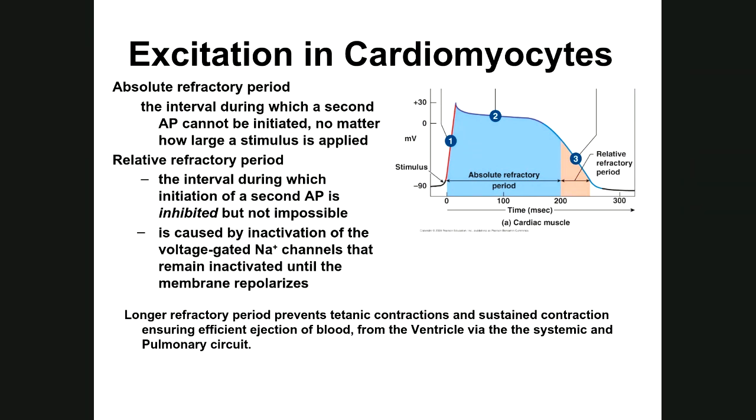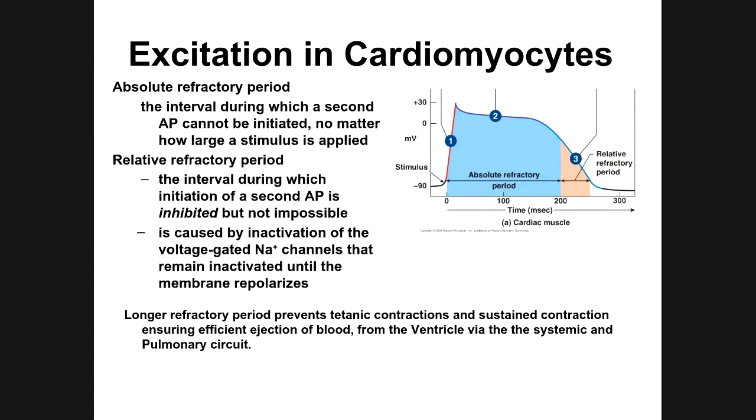It sustains them to ensure that we have efficient ejection of blood from the ventricle via the systemic and the pulmonary circuit. So to make sure that the heart is not only contracting, but also playing its normal job as a pump for the blood.